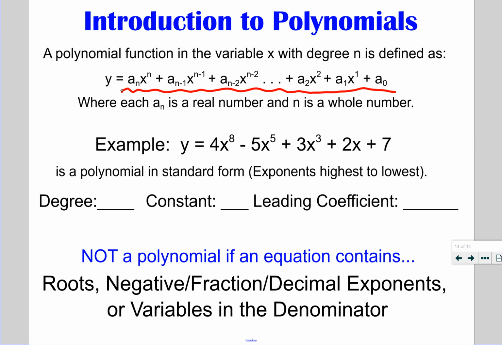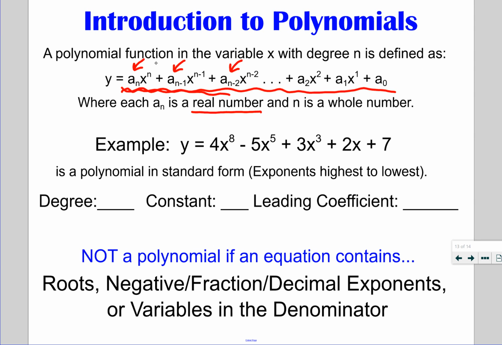What this definition means, if we see all these n's and the a's in front of them, a sub n minus 1, a sub n minus 2, etc., those are all just coefficients, and they're all real numbers. So if you've ever talked about imaginary numbers in a previous math class, those will not appear with polynomials. And then when you look, we've got a variable in each of our terms, an x in this case.